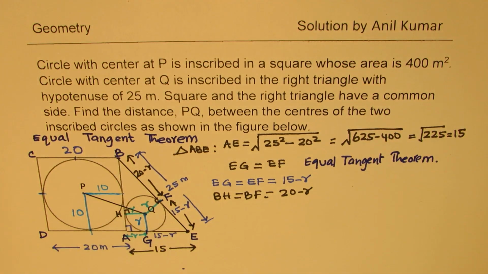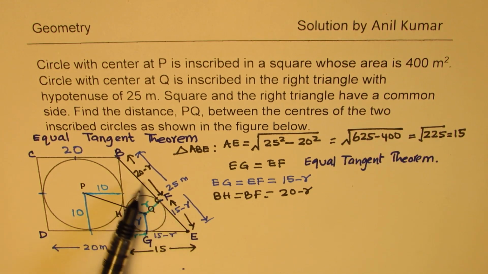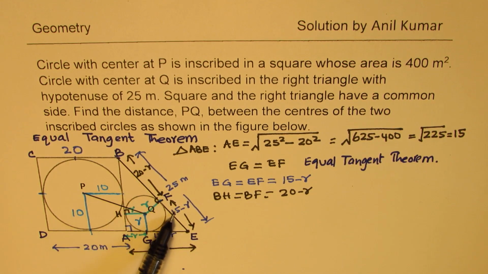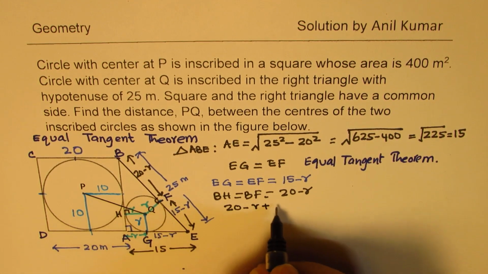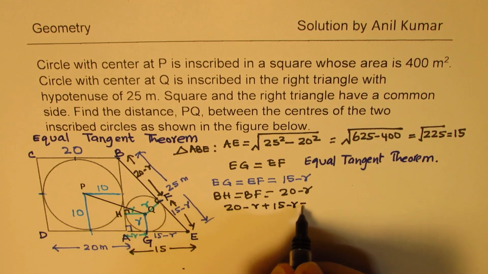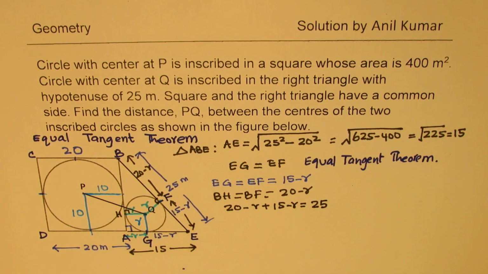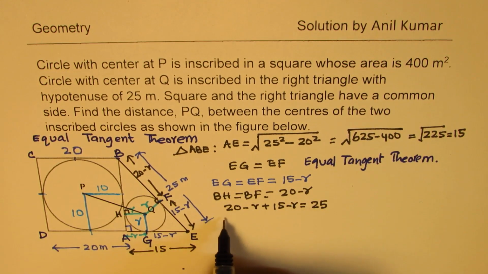So from here, very clearly, what do you get? You get 20 minus R plus 15 minus R should be 25. Now we can take 25 to this side.